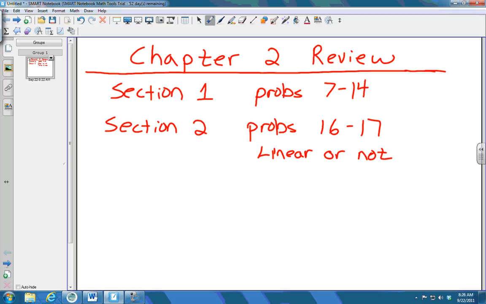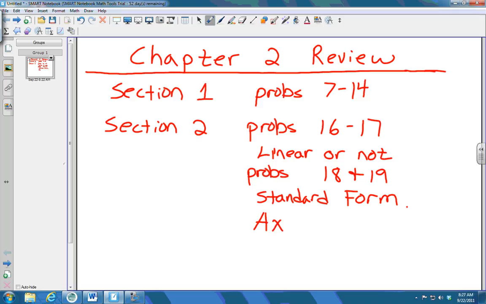Problems 18 and 19. You're just solving those equations and putting them in standard or general form, whichever way it's stated in there. Remember, that is ax plus by equals c. That's what your equation should look like.